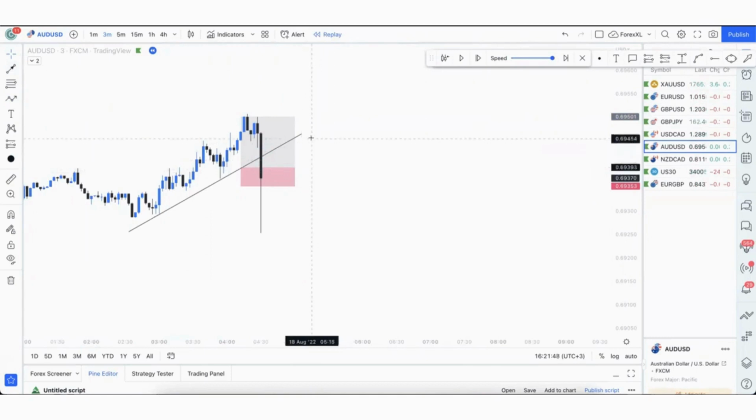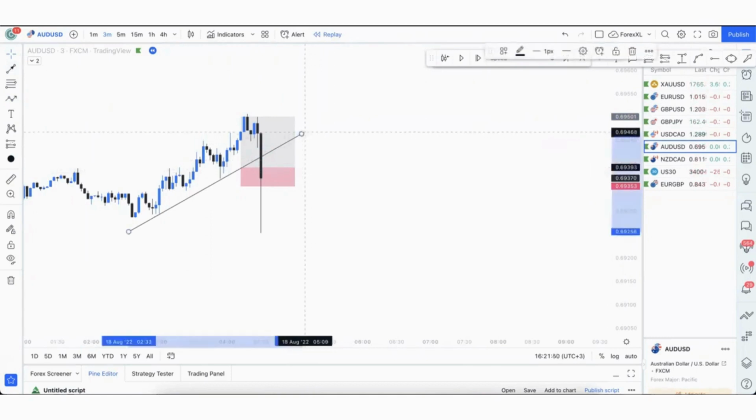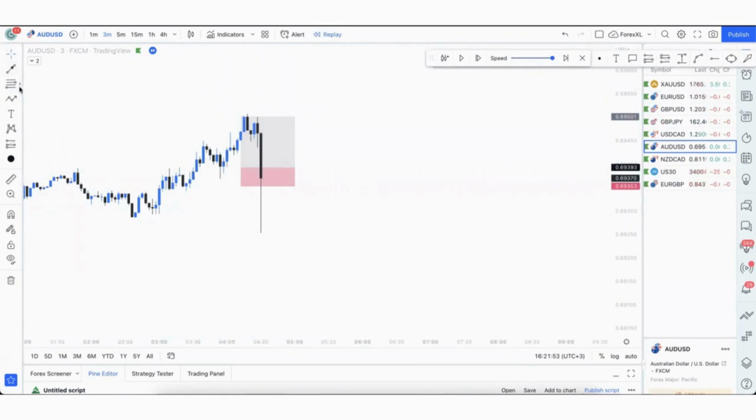But on the liquidity side, the financial institutions and the banks see a lot of buyers or stop losses below here. As you can see, the price drops all the way here and catches all the buyers or the stop losses below this trend line.